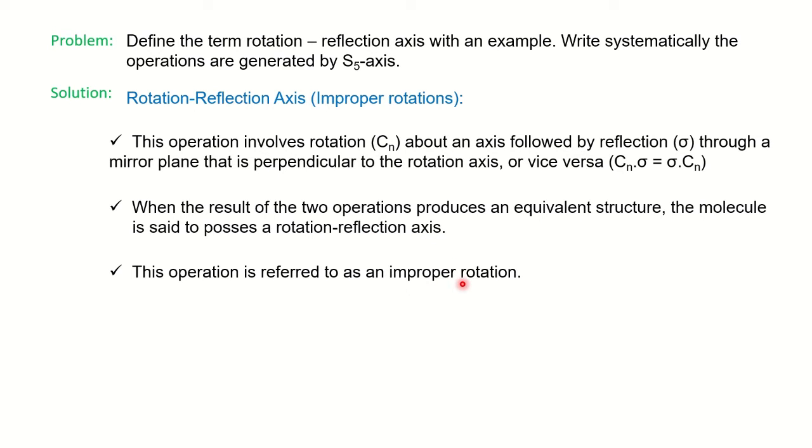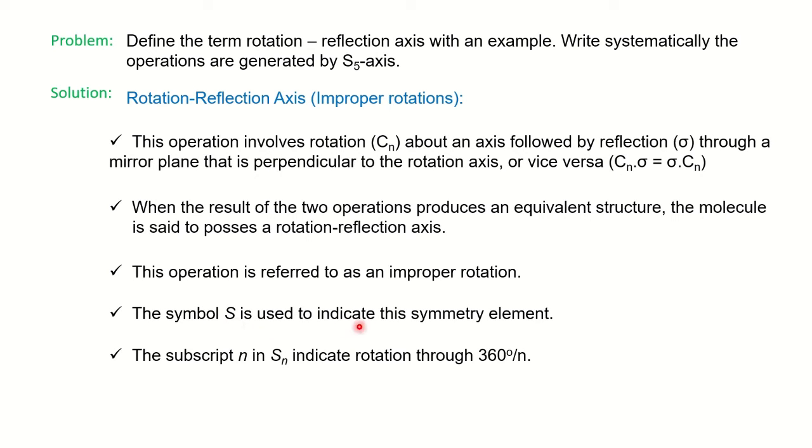This operation is referred to as improper rotation, denoted by S, the symmetry element, and the subscript n indicates the rotation through 360 degrees by n. So these are the points to define the rotation reflection axis.